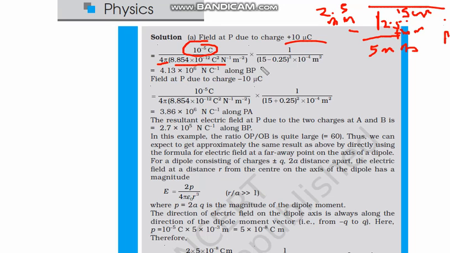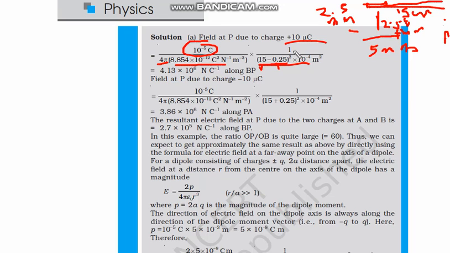Now we have to take the distance. What is the distance? The distance is 15 minus this extra. This is from the center, so we have to subtract this distance for the positive charge. So this is 15 minus 0.25. Why? Instead of 2.5 we put 0.25 because the whole thing is now in centimeter.